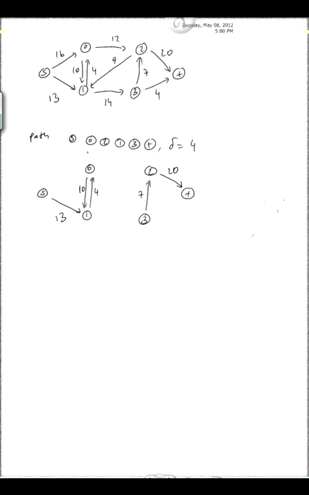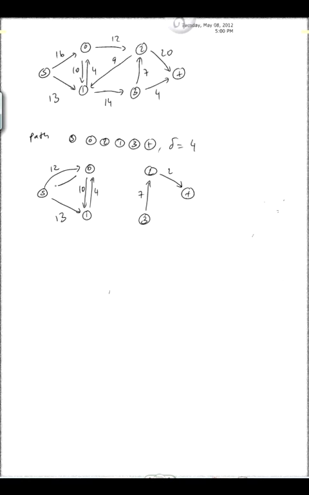So from S to 0, we used to have a capacity of 16, but now we're sending 4 in that direction. So the remaining capacity we have there is 12. In the reverse direction, we have a residual capacity of 4 that corresponds to backing up on the 4 trucks that we're sending from S to 0.